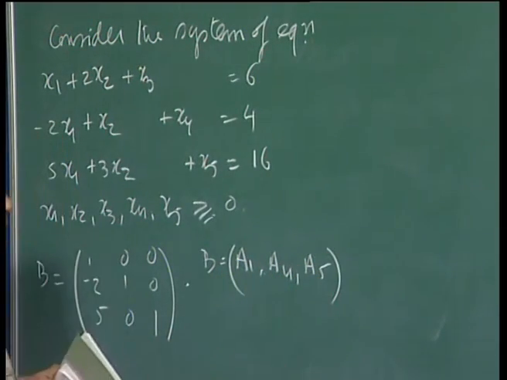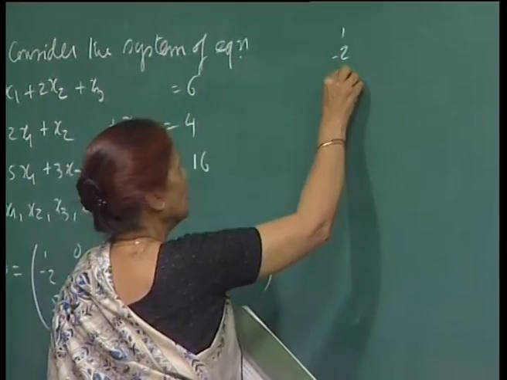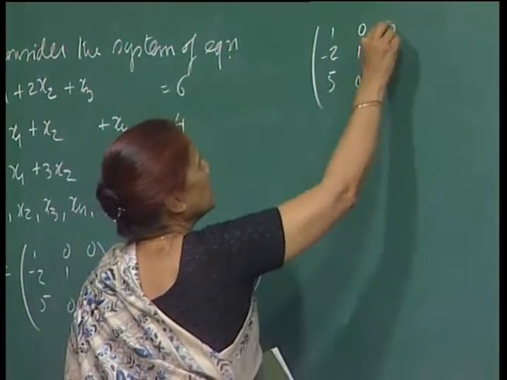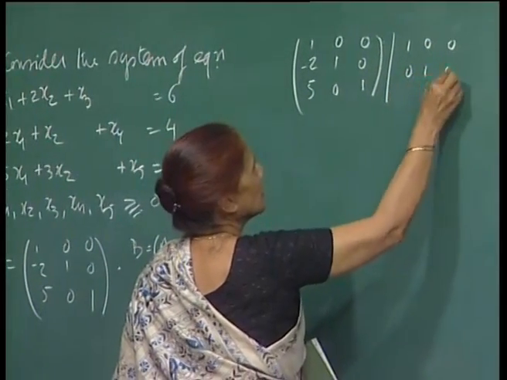These are the columns. I am not renumbering them here because now I will actually be computing it for you. So, you can see what is happening. We will use elementary row operations on this matrix alongside the identity matrix.